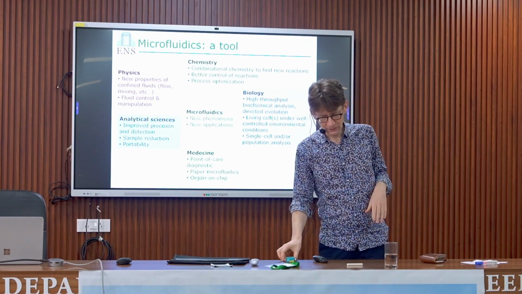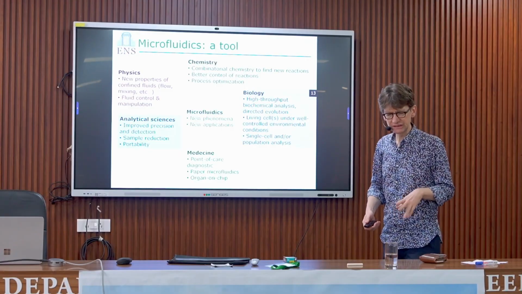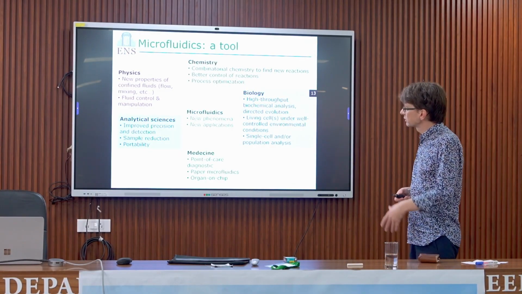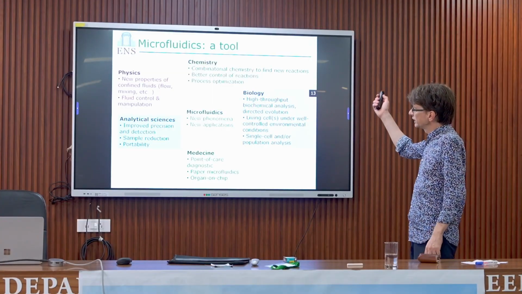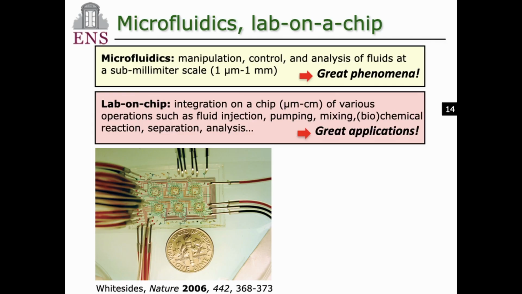So this is a reality. This is a reality more than regenerative medicine, which is more complicated. So that's quite interesting. And you have many things in physics, in chemistry, and so on and so forth. So that's microfluidics.